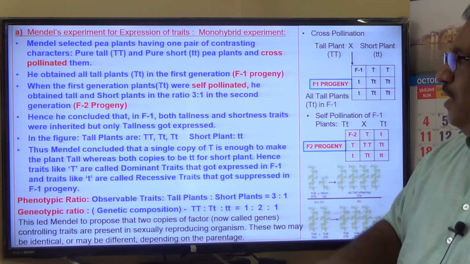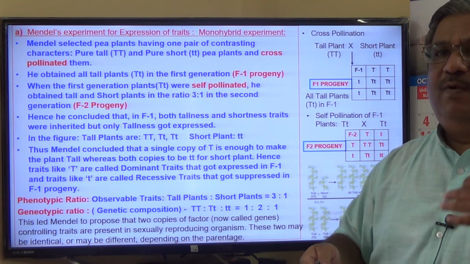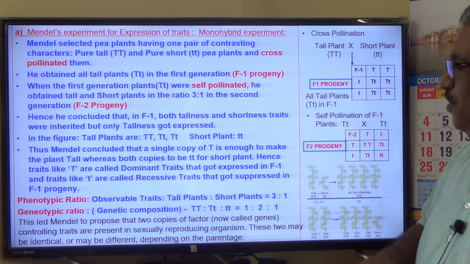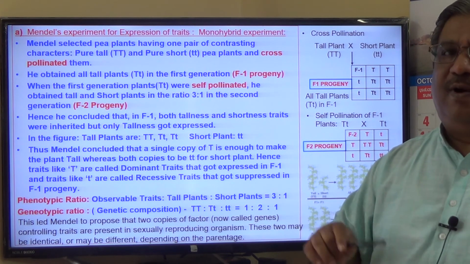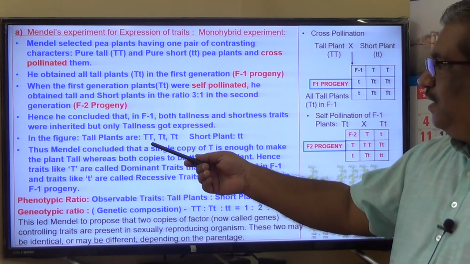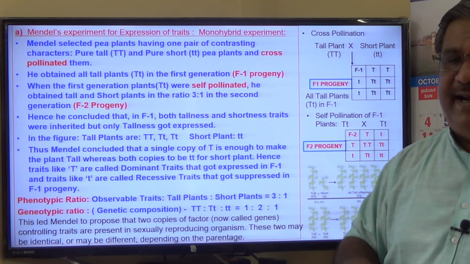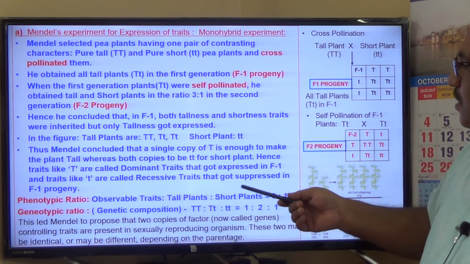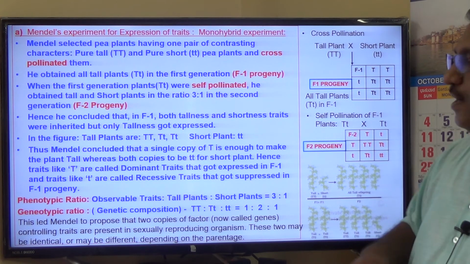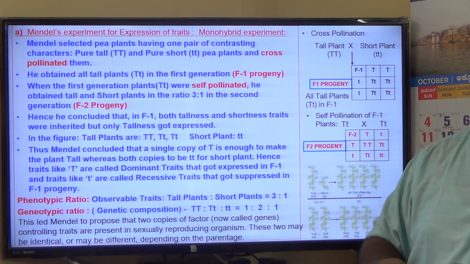And therefore, he concluded that in the F1 progeny, only one capital T is enough to make the plant tall, whereas in the second progeny, to make the plant short, you require both small t. So capital T that got dominated in the first generation is called a dominant trait, and the shortness got suppressed in the first progeny, whereas it got expressed in the second generation.